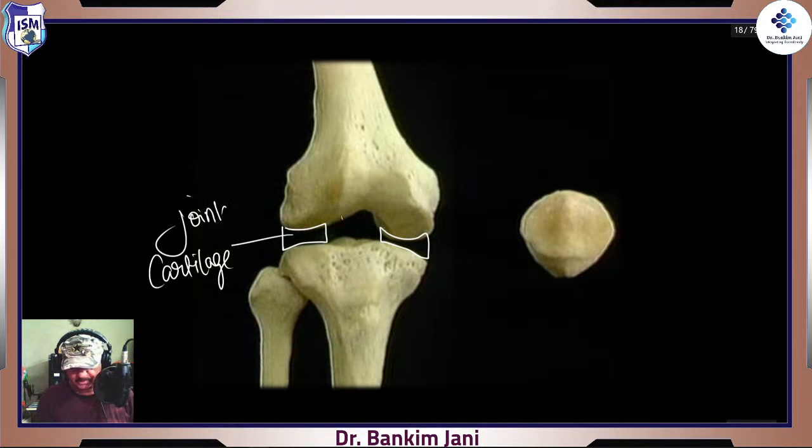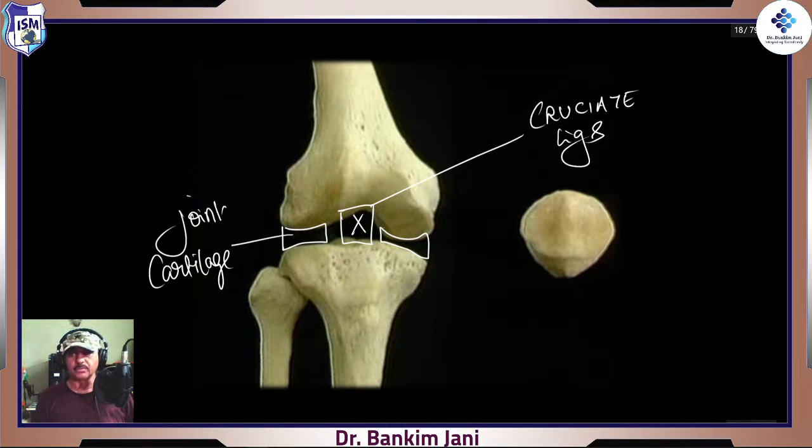And it is this central portion, right? That would be the area for the cruciate ligaments. Then to support this entire joint, right, we'll be having something like this.